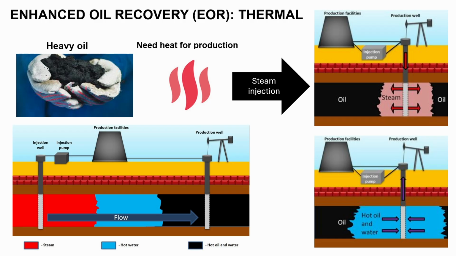In cyclic steam stimulation, the same well is used for injection and later production. In steam flooding, dedicated injectors and producers are used. The basic principle is simple: heat the oil so it can move more easily.